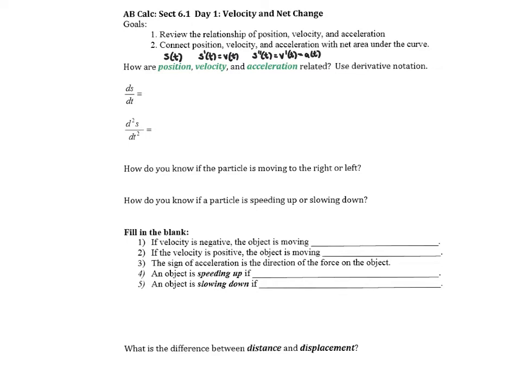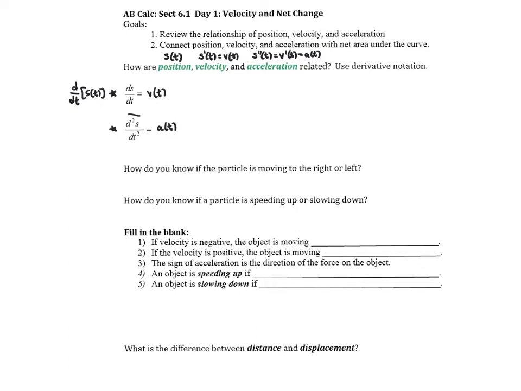Now, using a slightly different notation, ds/dt, which clearly would be the derivative with respect to t of s of t, is going to be velocity. And the second derivative of s with respect to t will be our acceleration.